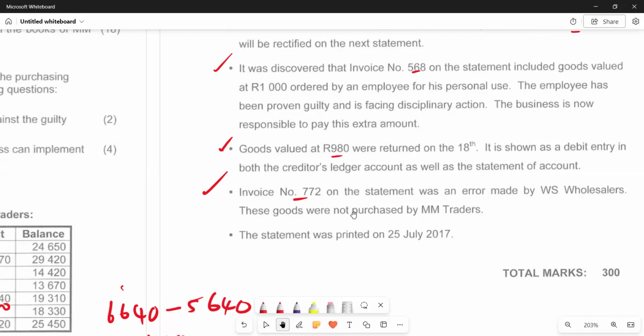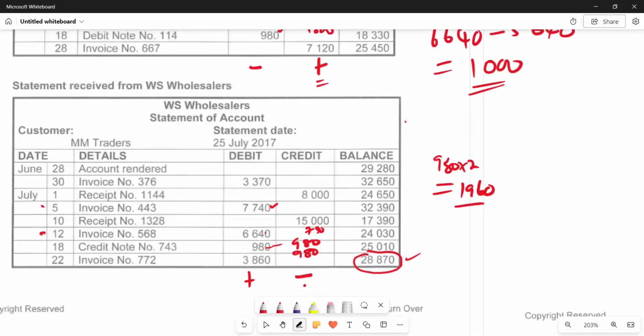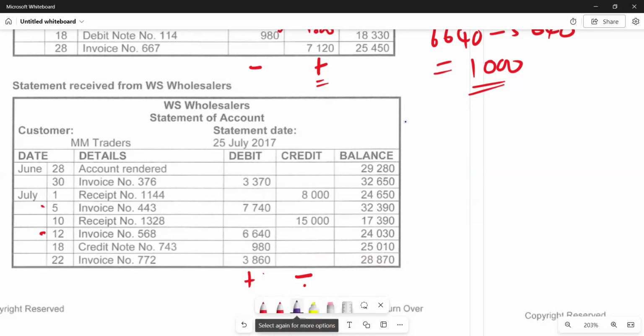So we come now to the statement, and we are seeing we have got goods of 3,860. Let's just try to create some space there. So we have goods of 3,860 of invoice number 772. They are not supposed to be there, so by removing them, we are supposed to enter on the credit side.